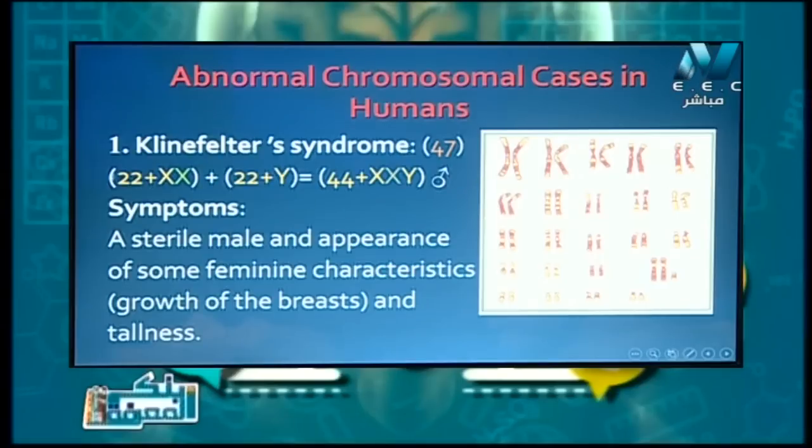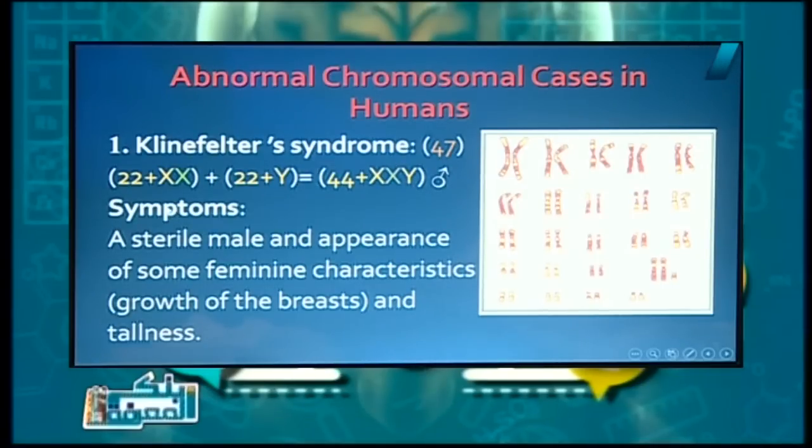So the first gamete has one sex chromosome more than normal, and the resulting individual will contain 44 autosomes and XXY. What is the sex of this individual? Yes, he is male, because he contains a Y chromosome, but he is not a normal male.